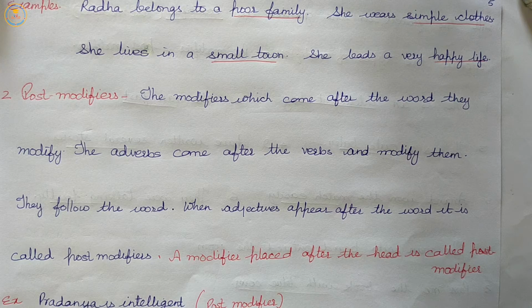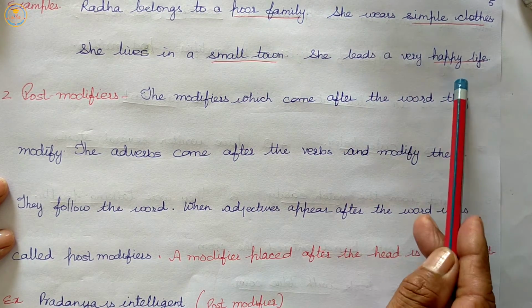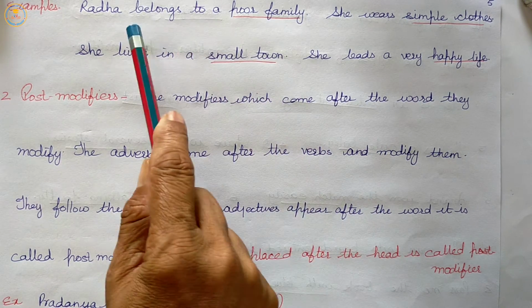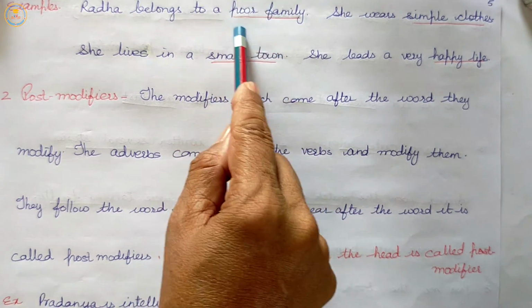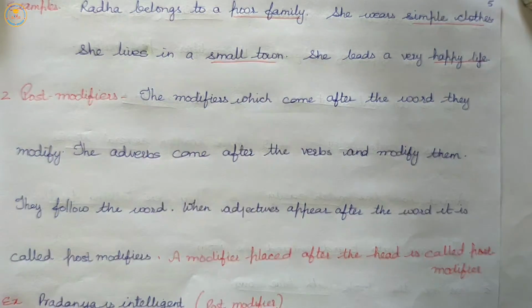So here all these words, poor, simple, small or happy, are pre-modifiers because these words come before the words they modify in the sentence. And adjectives, as you know, are always placed before the nouns.